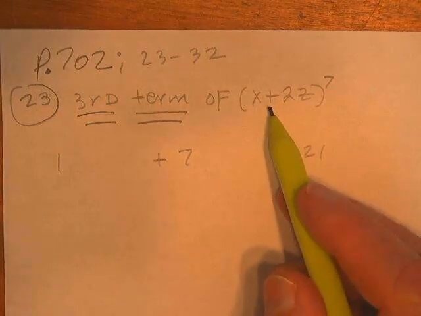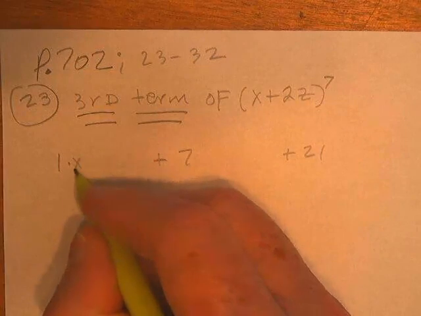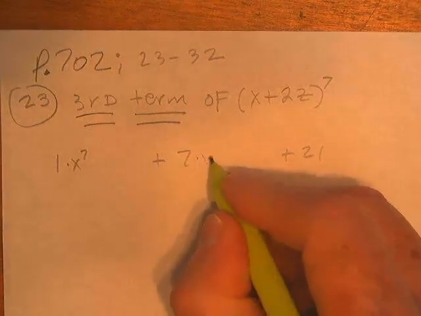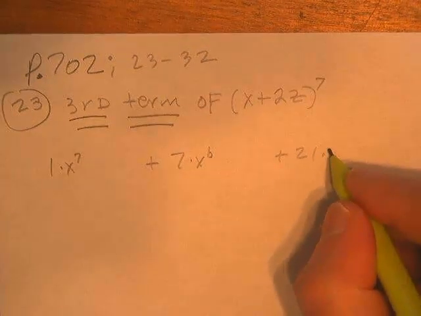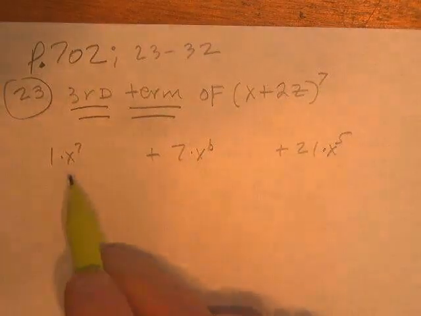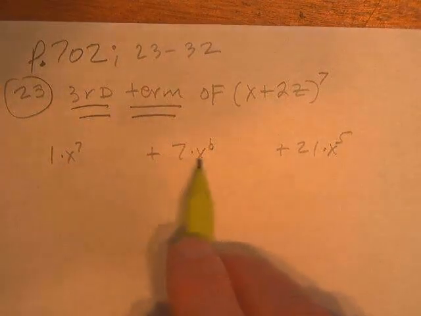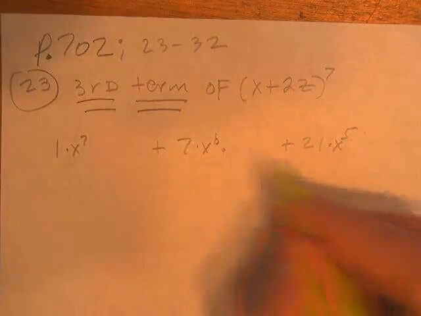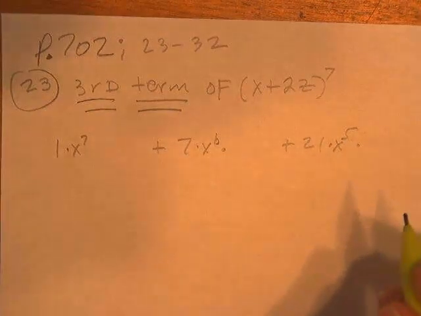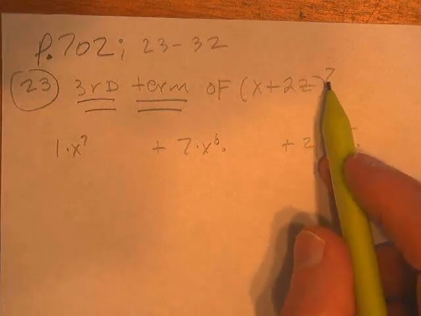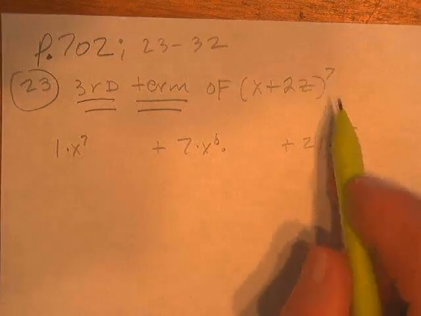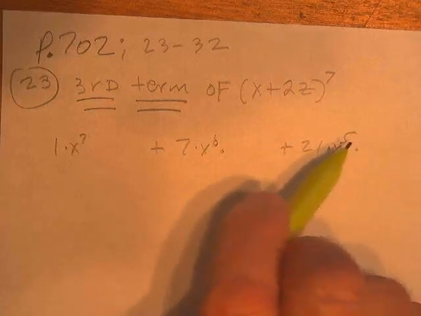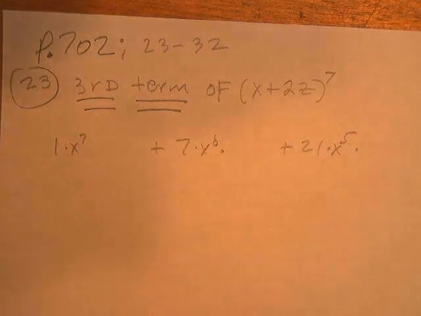So this is plus, so we're not going to be alternating the signs. And here I've got x to the 7th, x to the 6th, x to the 5th. I'm going to stair step these powers, 7, 6, 5. But right here, 2 to the 7th, z to the 7th would be the 8th term way down there someplace, which I'm not going to write because I don't want to.